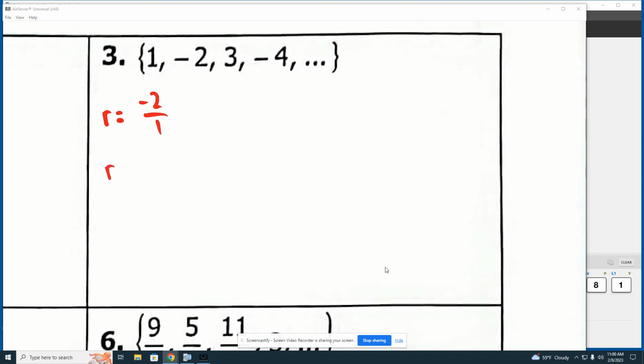What's negative 2 divided by 1? Negative 2. So let's keep multiplying by negative 2. What's negative 2 times negative 2? 4, not 3. So what's that mean? It's not geometric. It can't be arithmetic because arithmetic can't go back and forth, back and forth. So this one is simply neither.